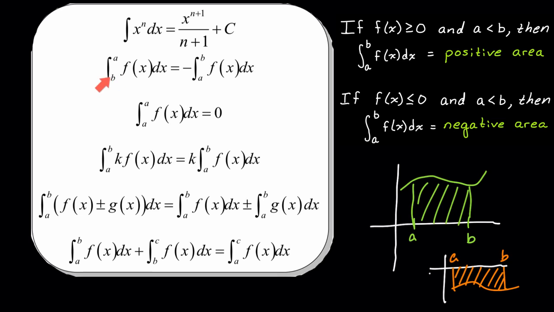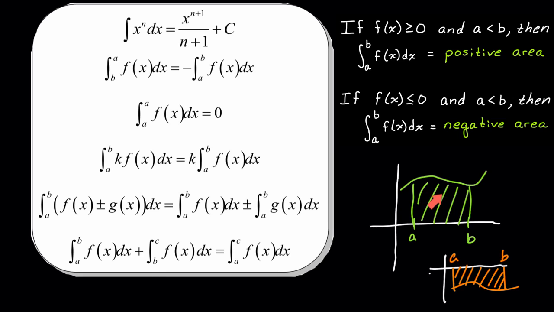Now, that means that if we switch these limits of integration, then that would be equal to the opposite of switching them back. So if I was to integrate from b to a, in other words, where this is your lower limit and this is your upper limit, this would end up being a negative area.